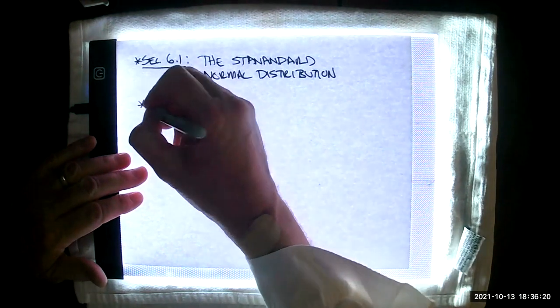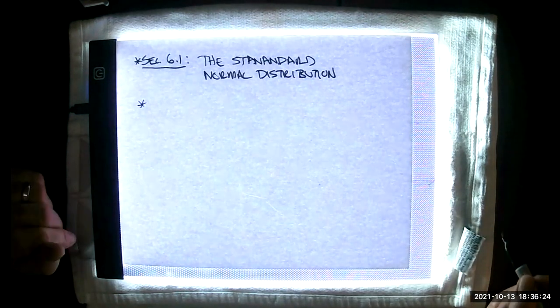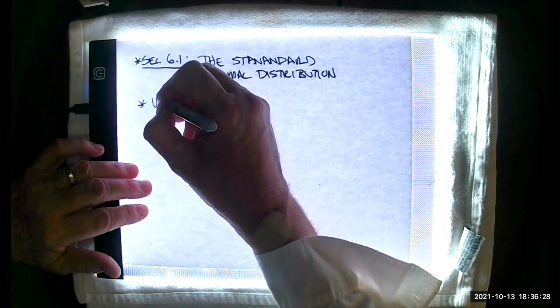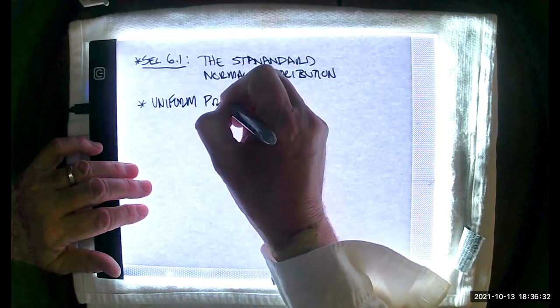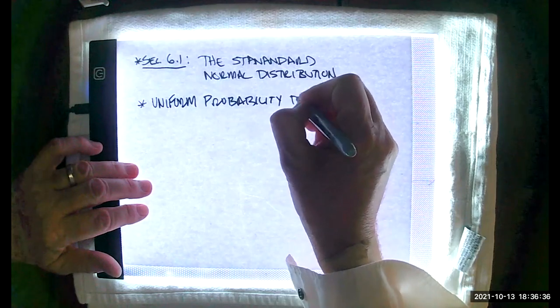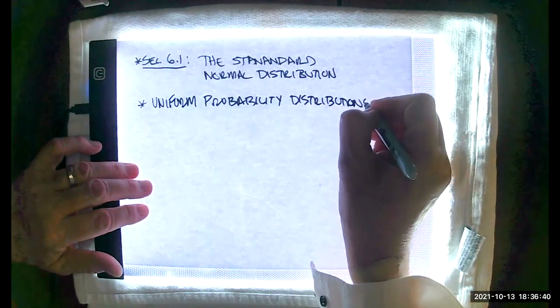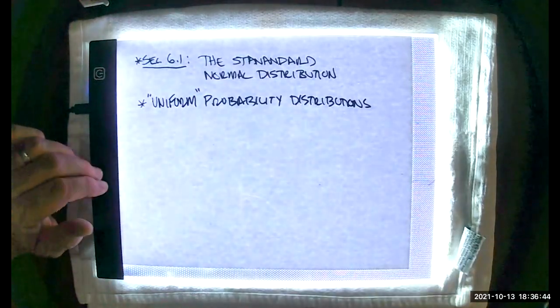So, the first notion I want to introduce is one that I brought up in the introduction. Those are the uniform probability distributions.